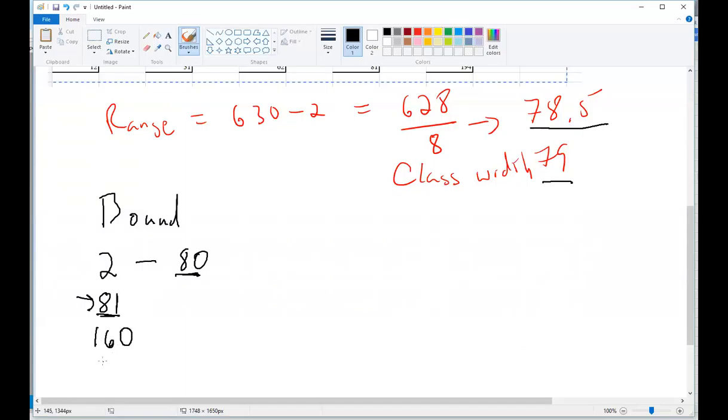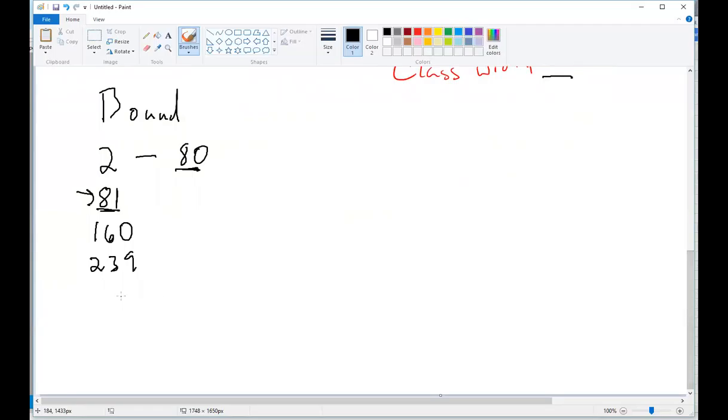And then I'm going to add 79 again. I'm going to use a calculator, folks. It's late at night and I'm tired. 160 plus 79 is 239. Then I'm going to keep rolling here and add 79, so I got 318.